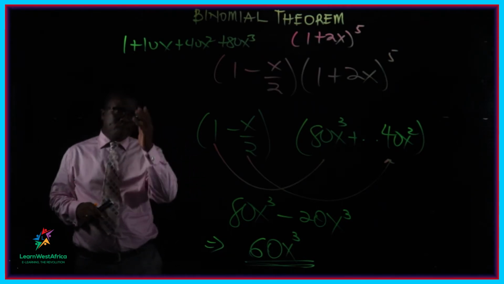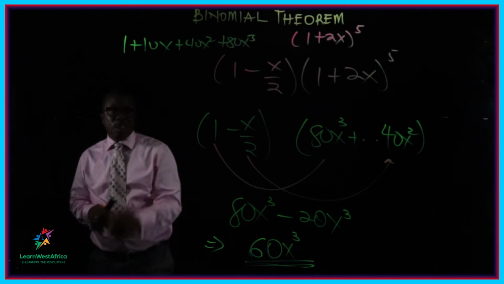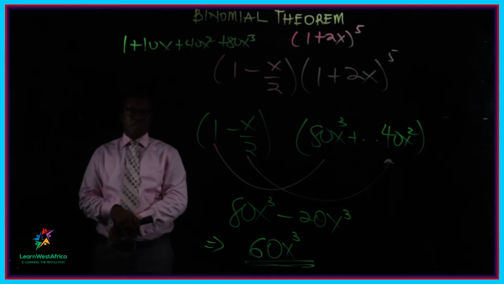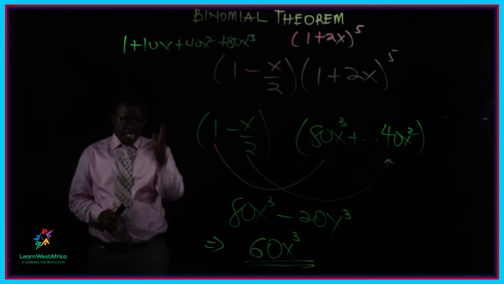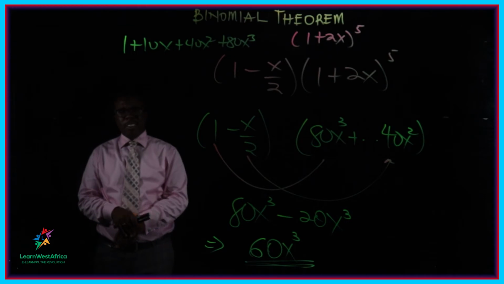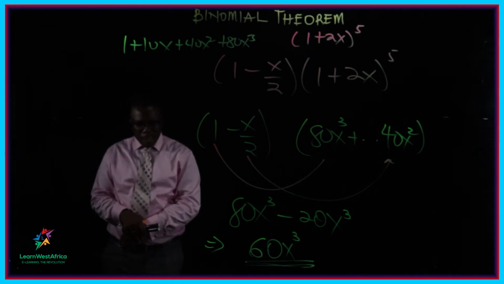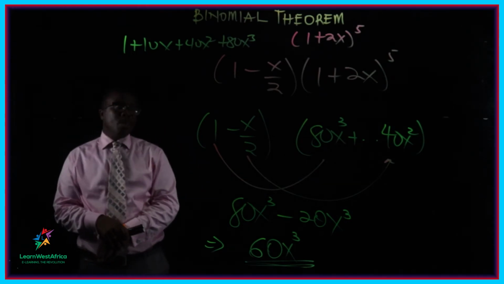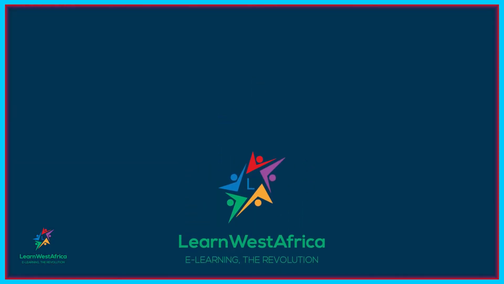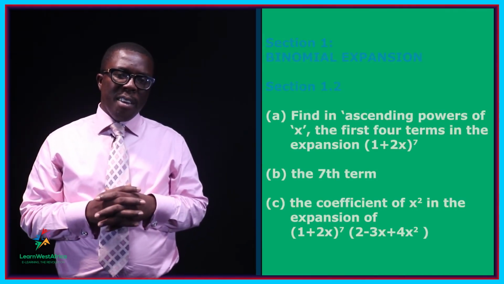Okay, now let's pick another example that illustrates this same problem. In the second question, you would see the problem that was given there. Let's deal with that question. Question 2 under this section, where we are interested in finding particular terms.